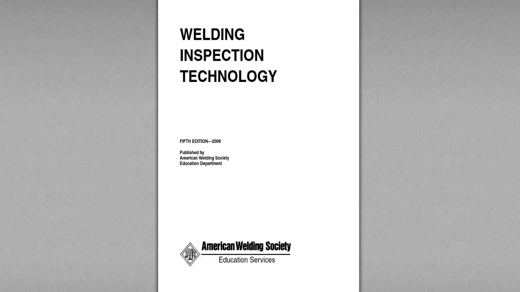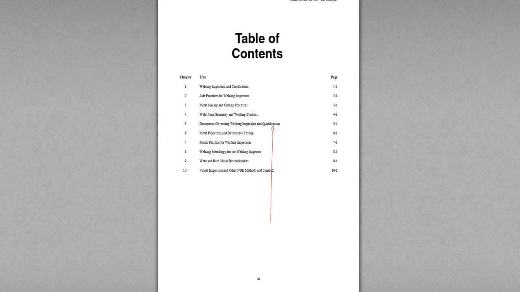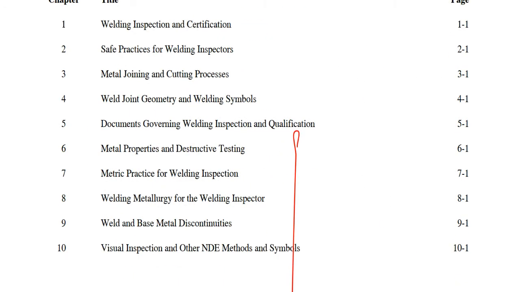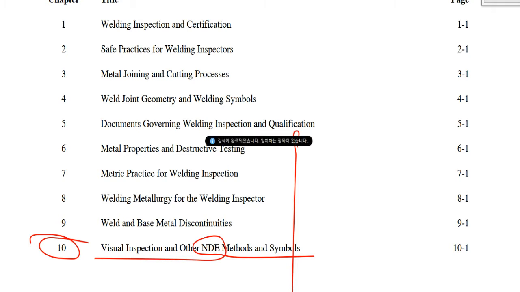I'm looking at welding inspection technology, WIT, and here are the contents, chapter 10, visual inspection and other NDE methods and symbols. So simply I used the search and I type penetrant.